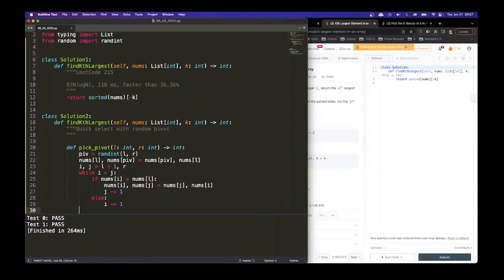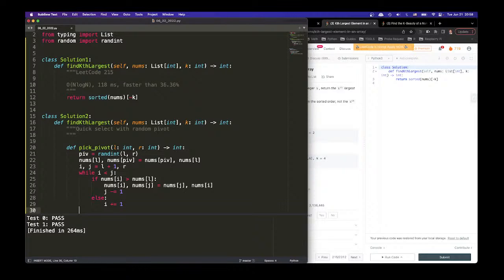Or i is larger than this, and then we swap, and after we swap, j goes smaller. So from position i, we swap something bigger to j, and j minus equal 1. So that could point to the smaller one, but we don't know. That could also be the bigger one.